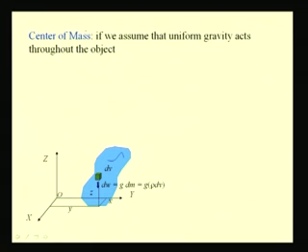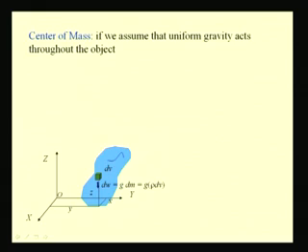So, it can be said to be the equivalent point through which the complete mass of the body is assumed to be concentrated. Let us assume that uniform gravity acts throughout the object. In that case, this quantity g can be taken out from the integral.